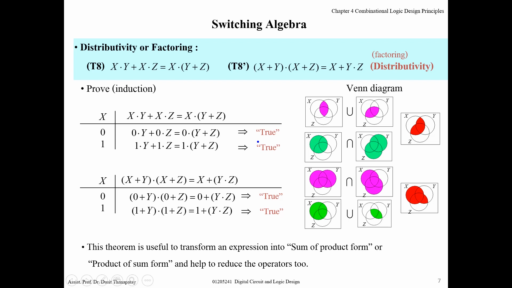By the way, you can prove or visualize this theorem by using a Venn diagram. For example, x and y, like intersect, namely x and y, this area. X and z, this area.